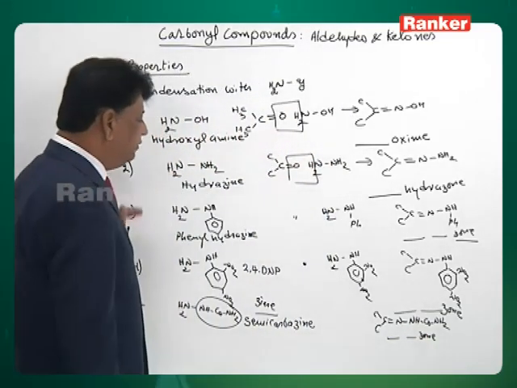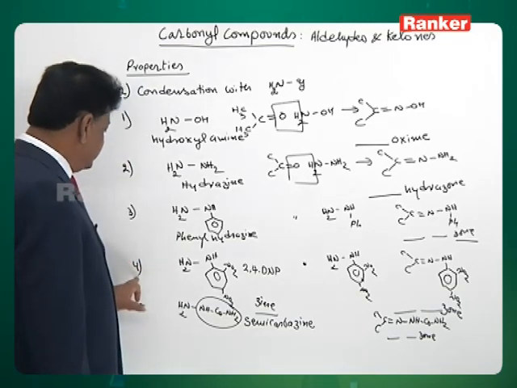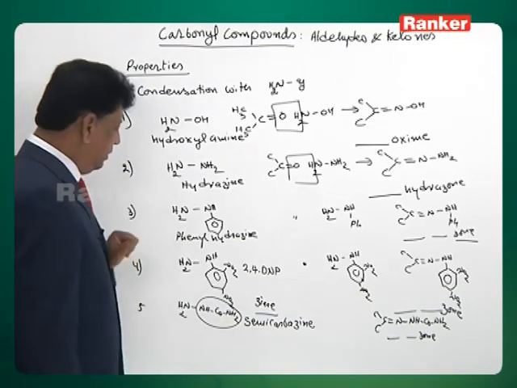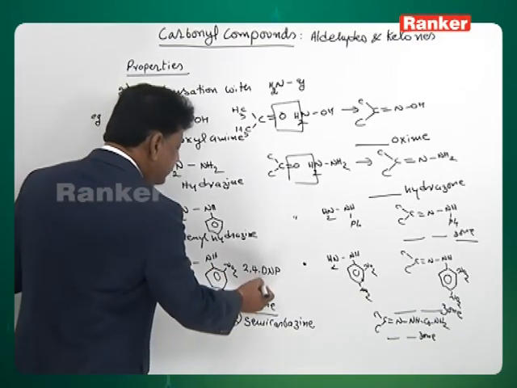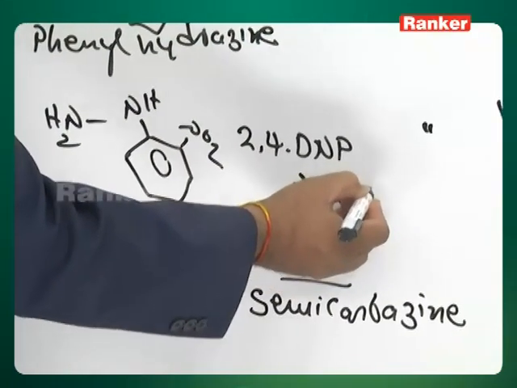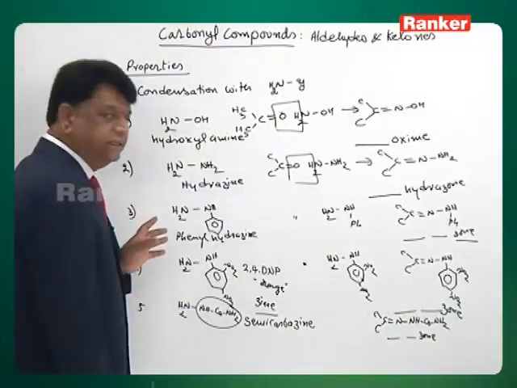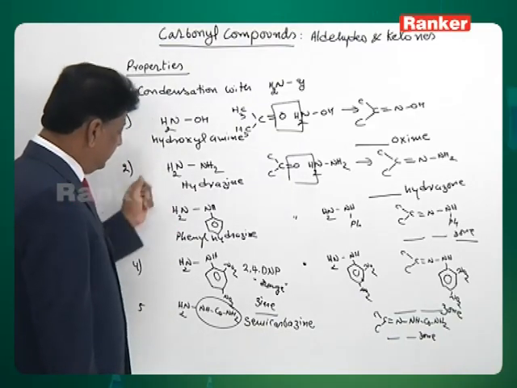So, all these derivatives, as I said, are solid derivatives, but in the case of the fourth one, that is 2,4-DNP, the reagent itself is already a solid, in the form of orange to red color.